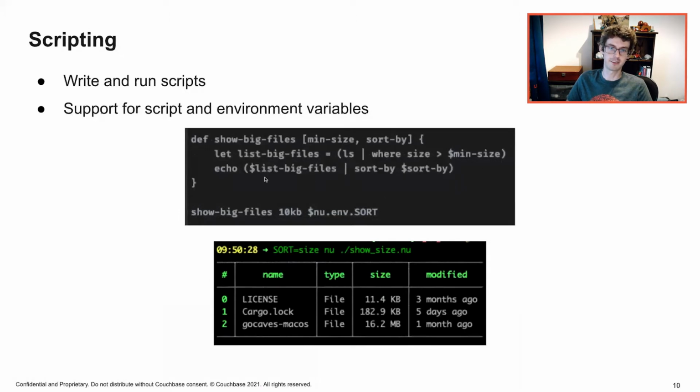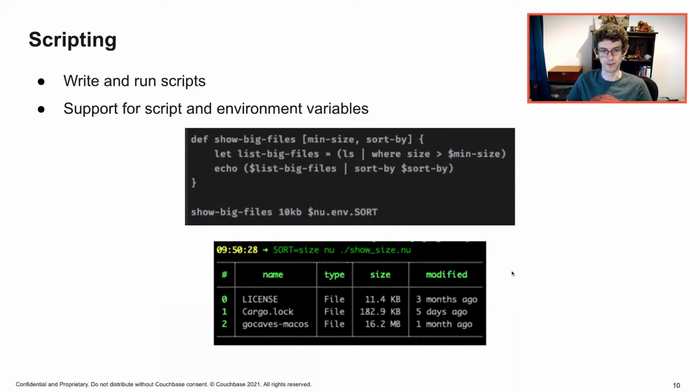We alias this pipeline, which is to list all the files where the size is greater than the min size, and then we output the result of this alias, and we sort it by the sort by. And then in this script, all we do is we call this function with a minimum size of 10 kilobytes and a sort environment variable.